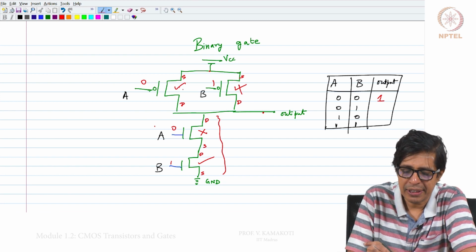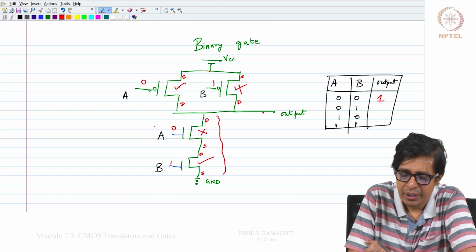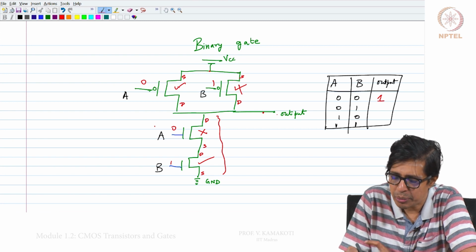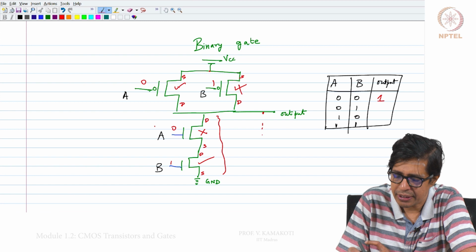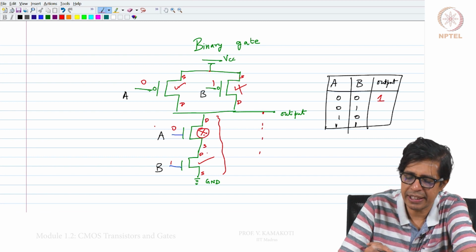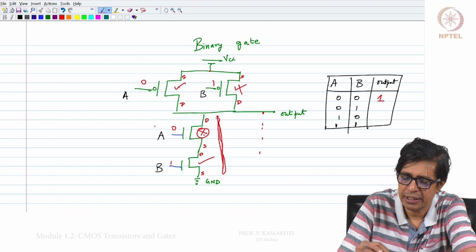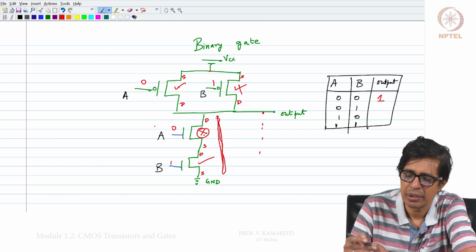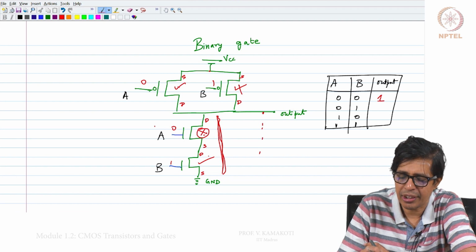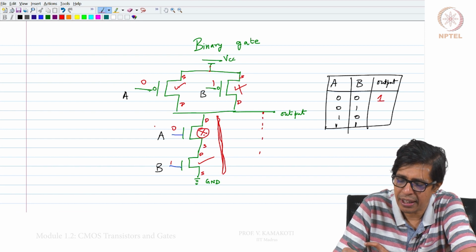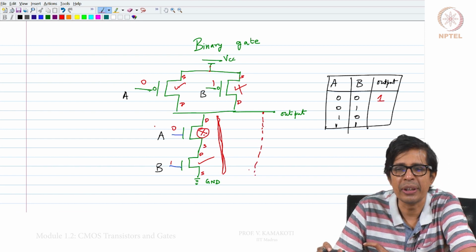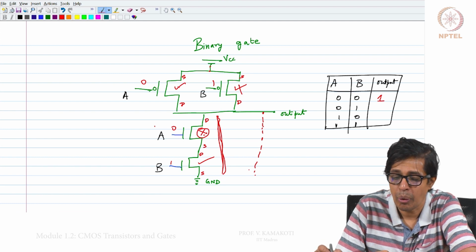This is open, while since this P transistor is on, there is a short from VCC to this output. It is disconnected from the ground. So, VCC is connected to the output, and when I measure the signal across this output, you get a 1.